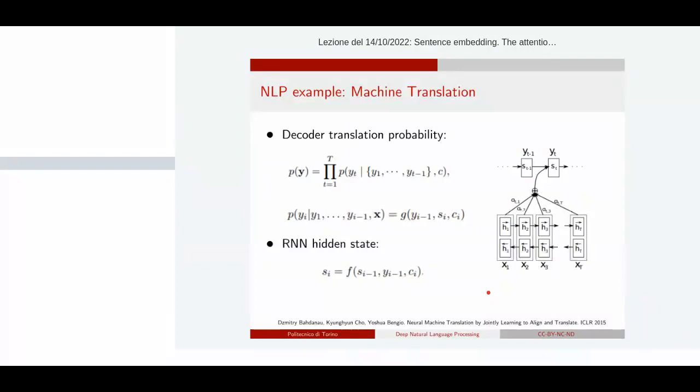So here is the architecture. This is very similar to the architecture we have seen before for the sentence embedding, as you can see here, because it's again a cascade of bidirectional recurrent neural networks, as usual. And then you combine them in order to decode. And here are the hidden states.